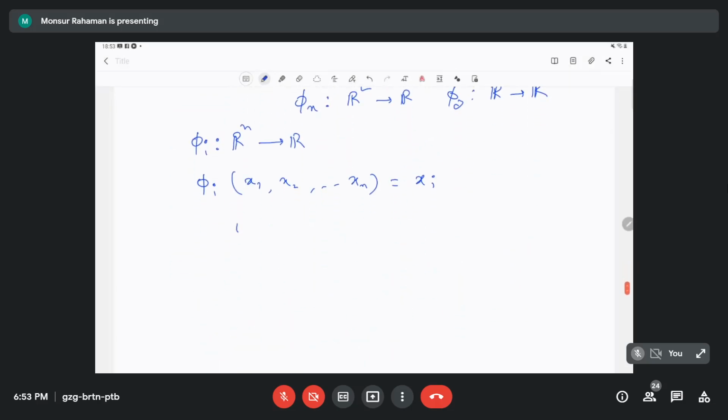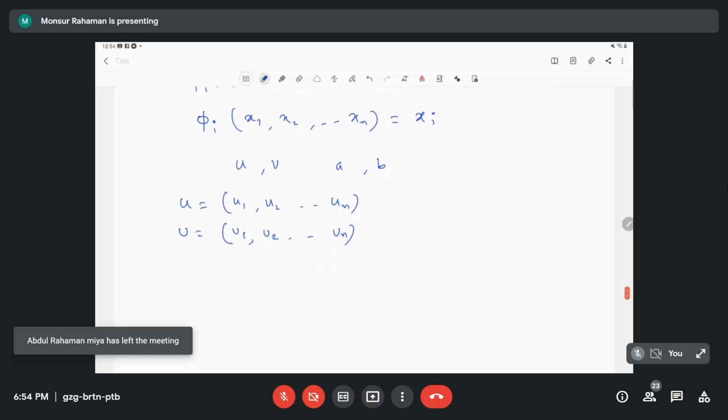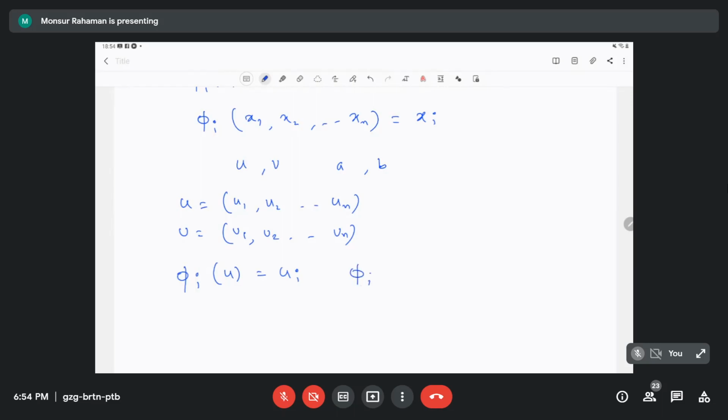You have to take two vectors u and v and two constants a and b. u is (u1, u2, ..., un), and v is an n-dimensional vector (v1, v2, ..., vn). If I send u alone, you will find ui. If I send v alone, you will find vi.